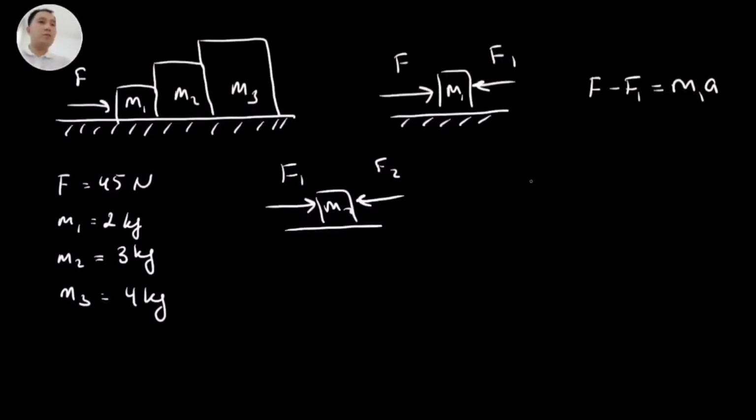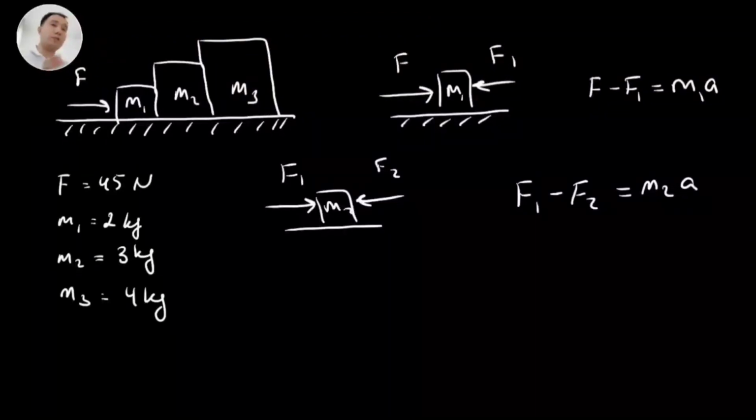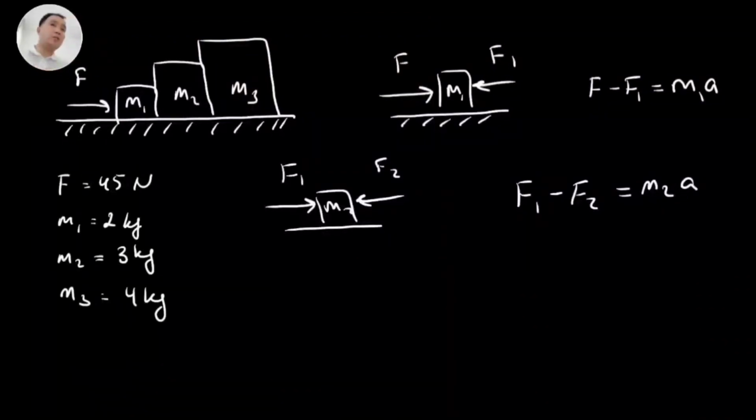Newton's second law for the second object: F1, which moves it to the right, minus F2, which tries to stop it, equals its own mass M2 times acceleration. They have the same accelerations. Why? Because if you move the first object 1 meter, the second and third objects also move the same distance. It means at any time their velocity will be the same, and their acceleration will be the same. Now we have a second equation.